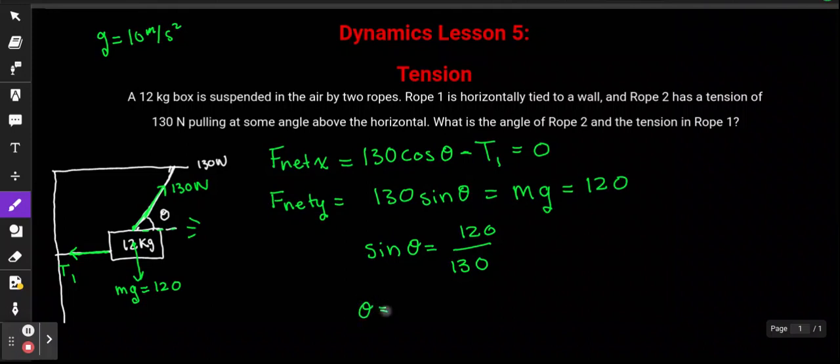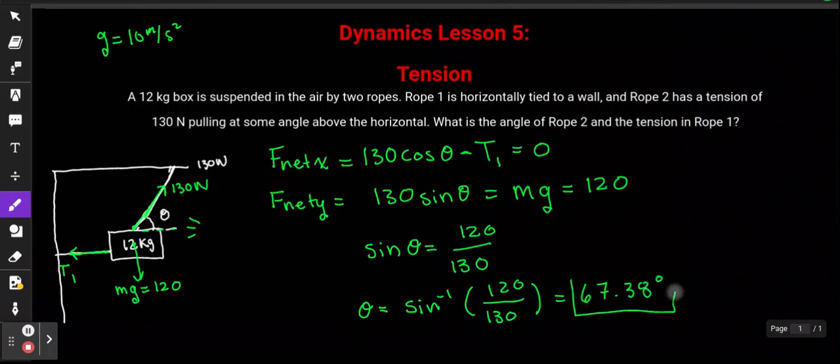So theta is equal to sine inverse of 120 divided by 130. So let's plug this into our calculator. Sine inverse of 120 divided by 130 gives us an angle of 67.38 degrees above the horizontal.